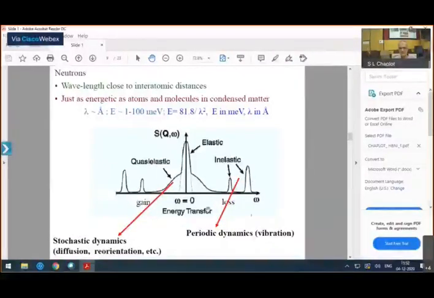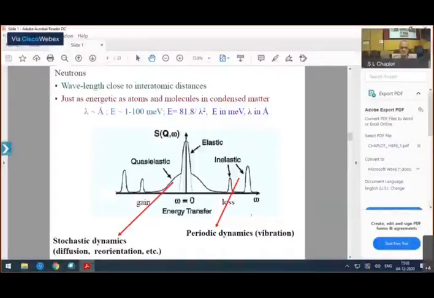And from quasi-elastic scattering, from a relaxation kind of stochastic dynamics, the Fourier transform is like a Lorentzian. So this spectrum is a quasi-elastic spectrum, and the width of this spectrum has information about the relaxation time constants and so on. We will come back to it. In general, you will also have some elastic scattering, which is coming from the structure.